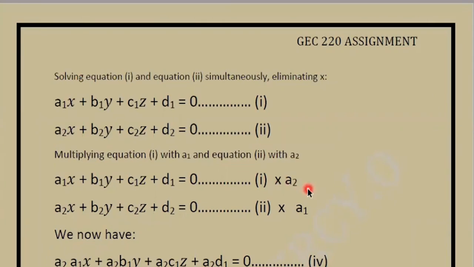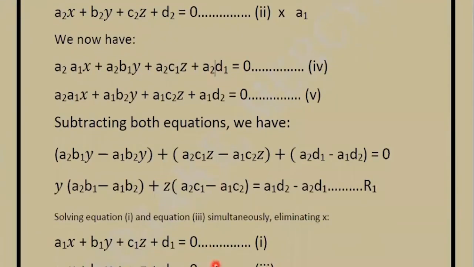So when we multiply equation 1 with a1 and equation 2 with a2, we get this. Now, here we see that a1, a2 repeat themselves in the two equations.